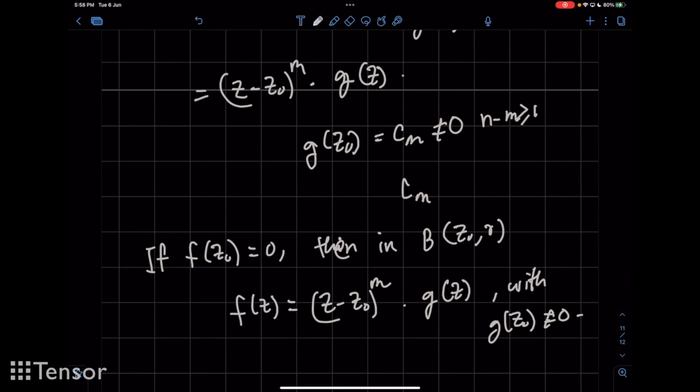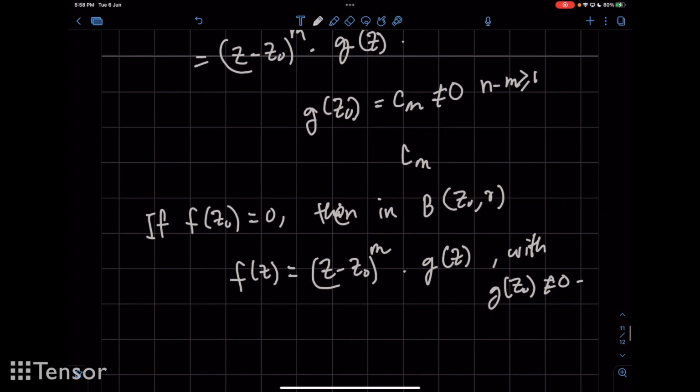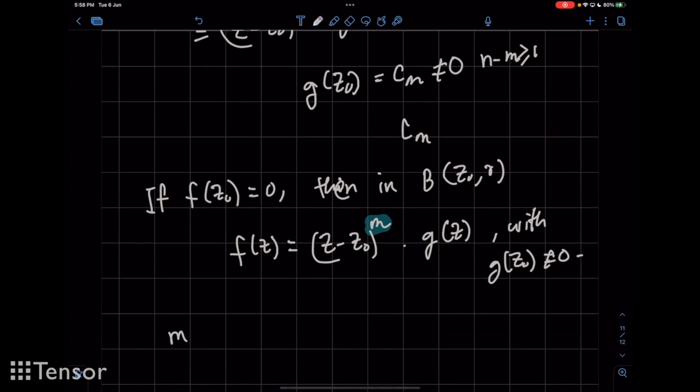Okay, so the integer m we have here, we call m the order of 0 of f at z naught.